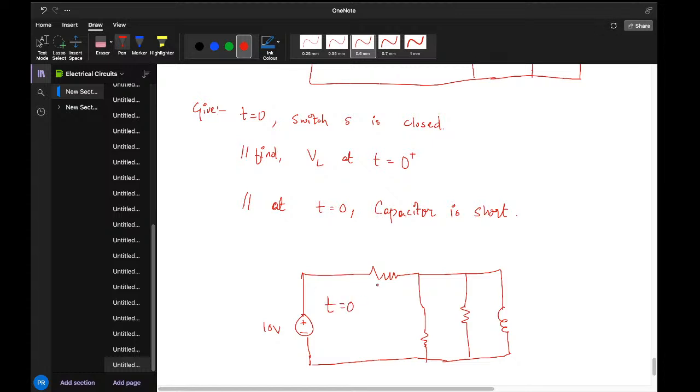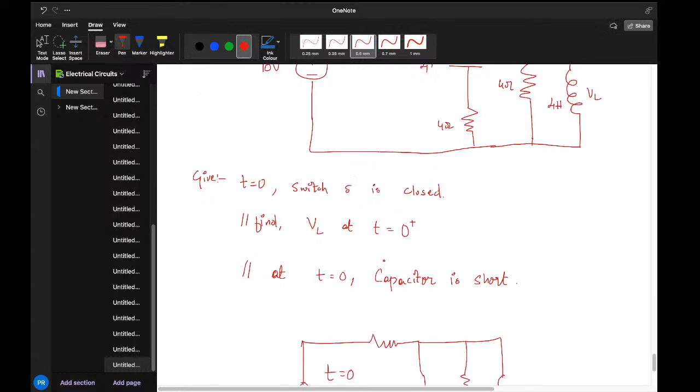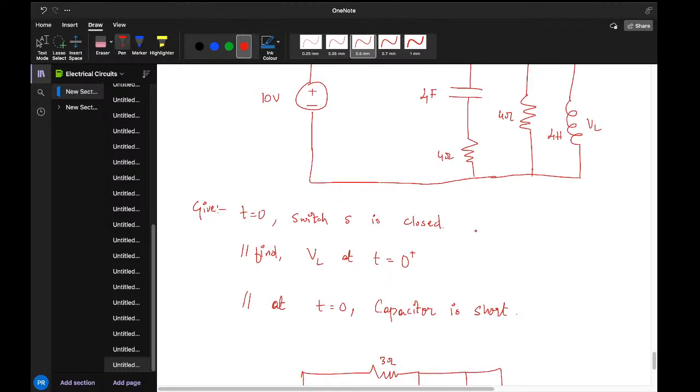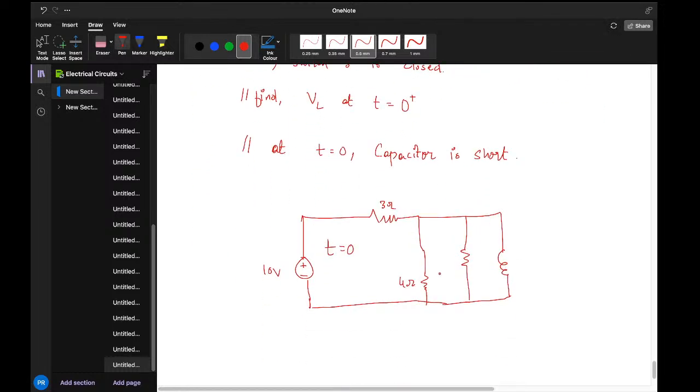T equals 0 over here. It's 3 ohm over here, 4 ohm over here, and then it is 4 ohm and 4 Henry. It's 4 ohm over here, it's 4 Henry over here. Cool, guys.